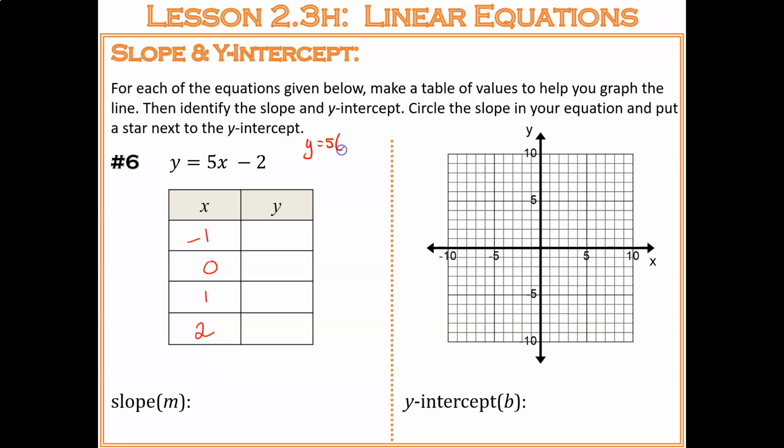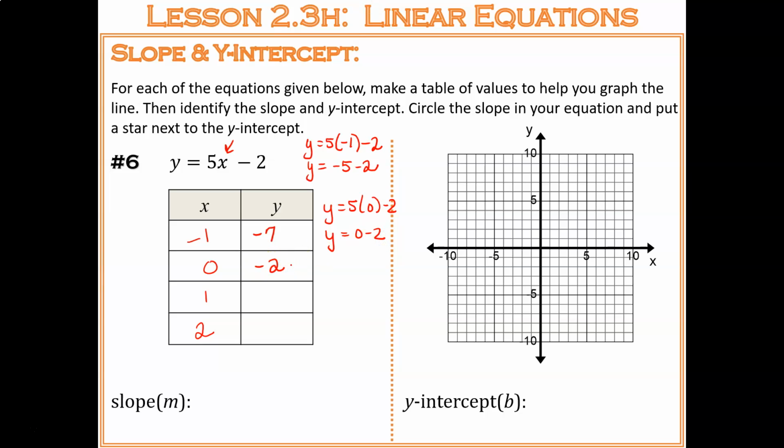So instead of the x, I'm going to put in the -1 that I picked, and I'm going to solve for y. So y equals -5 minus 2, which is -7. Now I'm going to plug in the next one. Y equals 5 times, and instead of that x, I'm going to plug in 0, minus 2. So now I have -2.